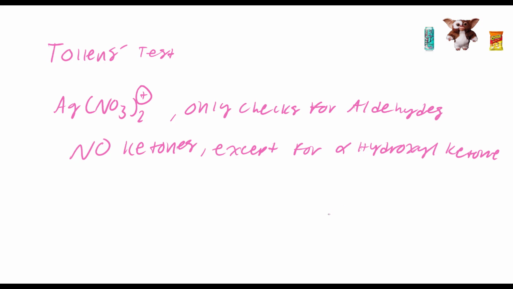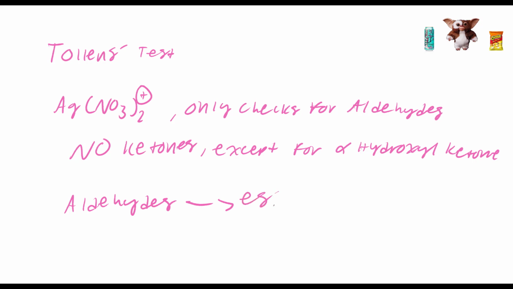The way it does it is that it's going to oxidize the aldehyde, right? And it's going to create pure silver on the test tube, okay? So I think that's pretty cool, right? It also converts aldehydes into esters.